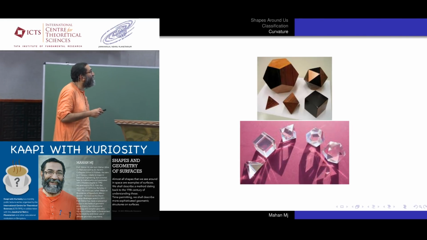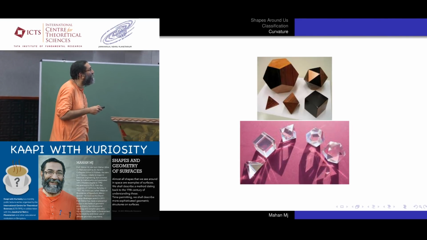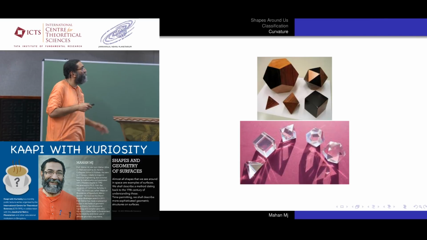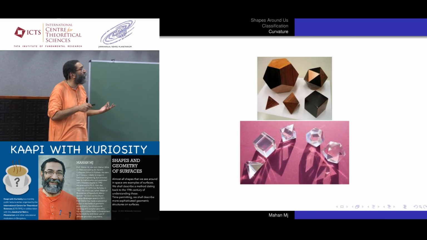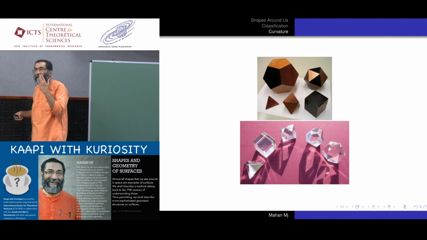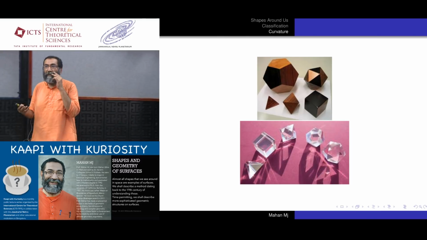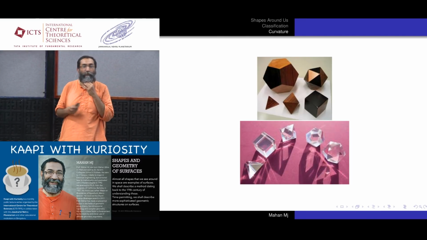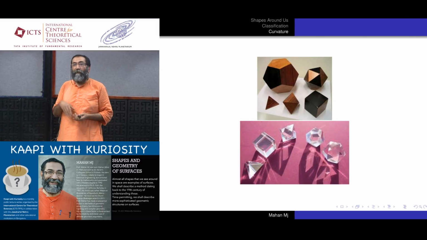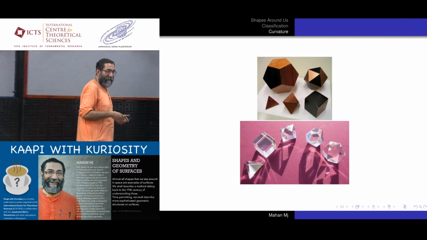Essentially, the information is really contained at the vertices. Let me have a show of hands. See this point here and the point here. Which point do you think is sharper? The tip of the tetrahedron or the tip of the dodecahedron? Tetrahedron. So how are we going to make that precise?